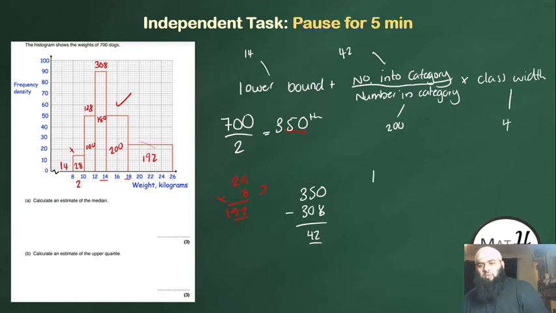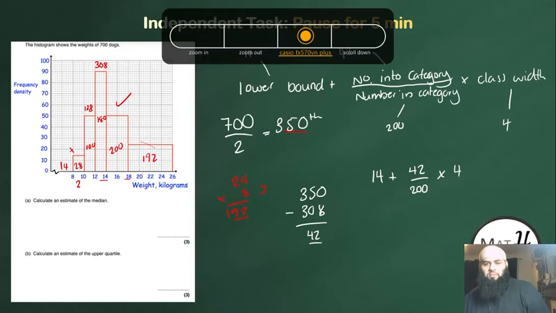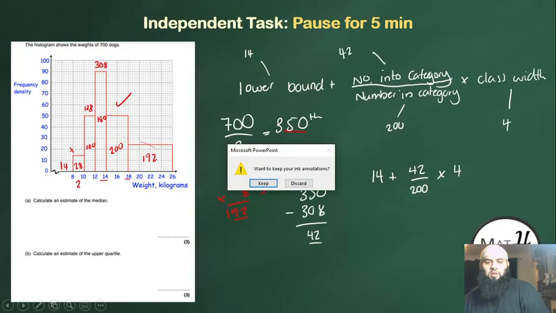So our equation will be 14 plus 42 divided by 200 times 4. When we put that into a calculator, the calculator is playing up again. Let me just quickly grab the calculator.